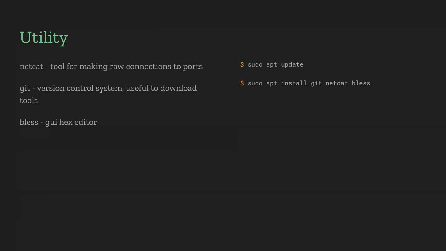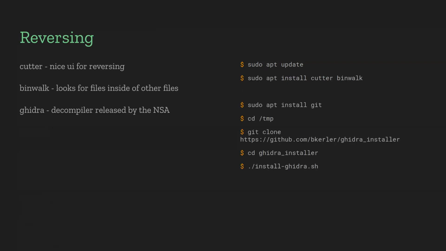It's pretty nice. And then for reversing, Cutter is a cool UI that shows you a graph view of all of the assembly of whatever you're modifying. If you've ever seen somebody looking at a graph of their assembly, it's Cutter probably.